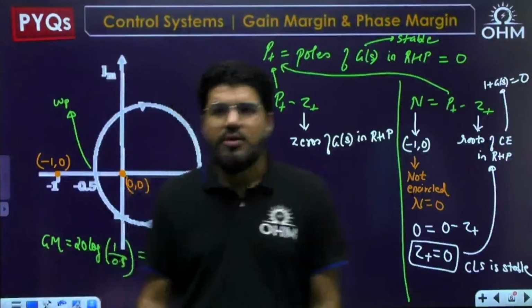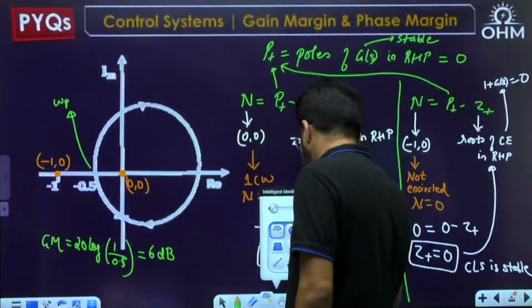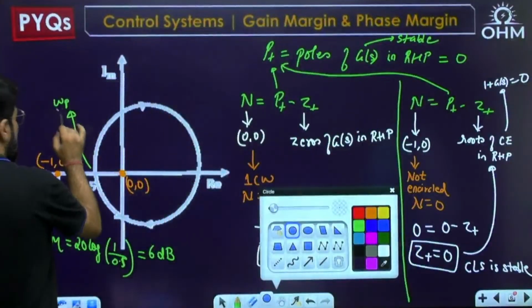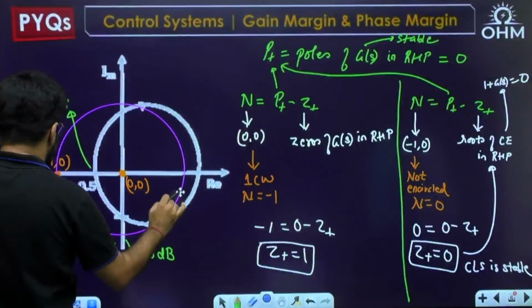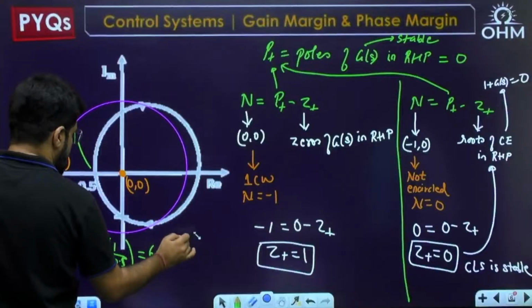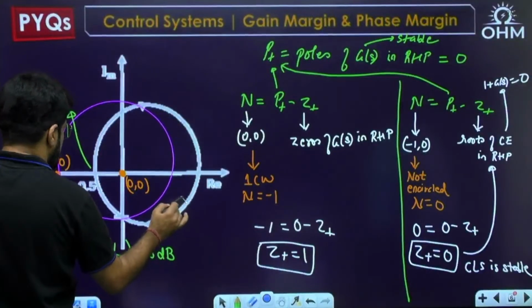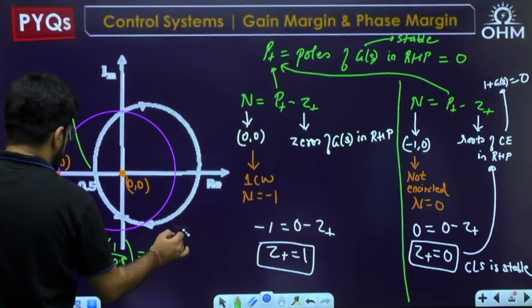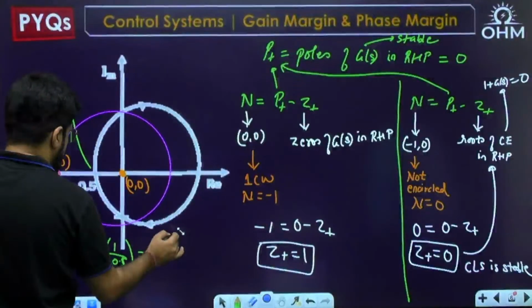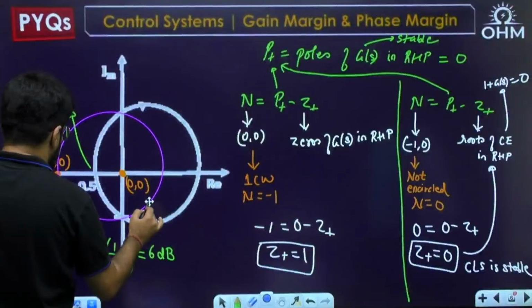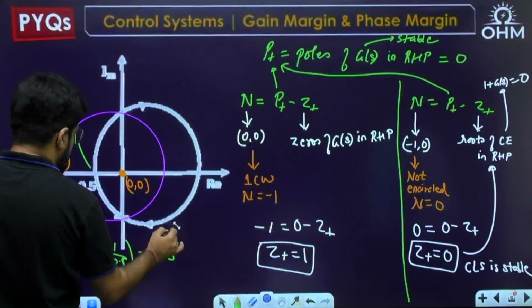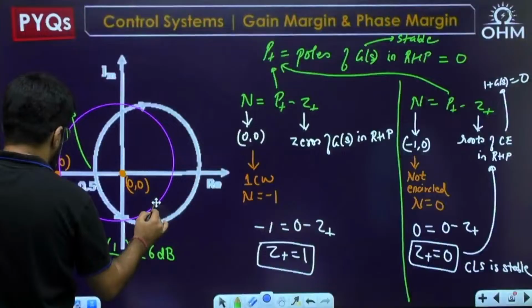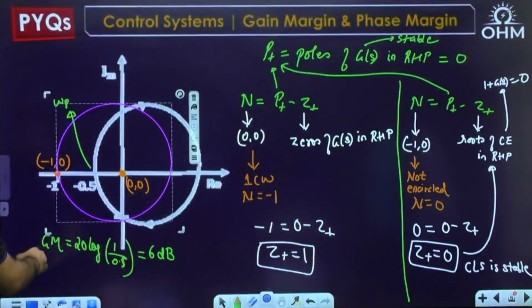Let me draw a circle here passing through minus 1 comma 0, roughly.